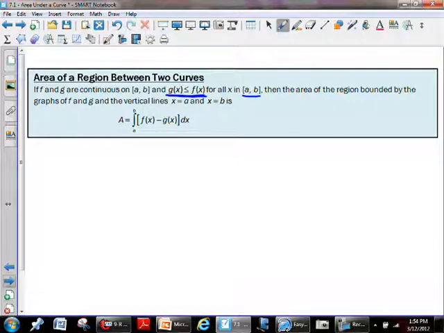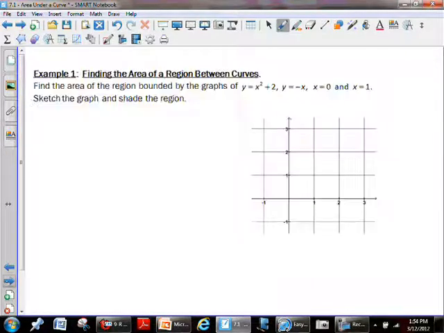Then the area of the region bounded by those two graphs between the vertical lines x equals a and x equals b would be given by this expression here. Subtract your functions, top minus bottom, and then integrate, plugging in your boundaries. Very simple.